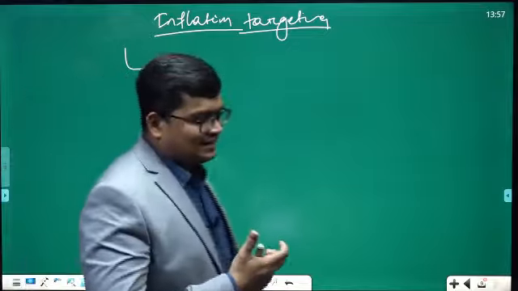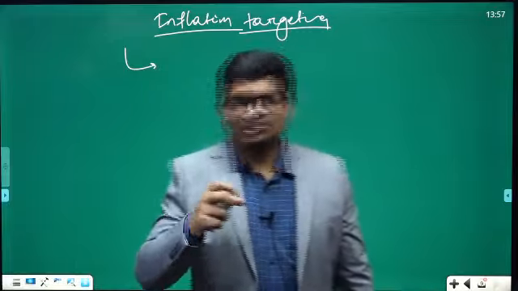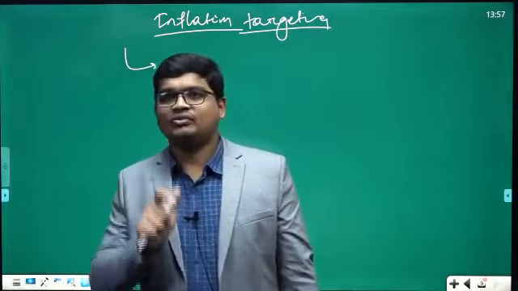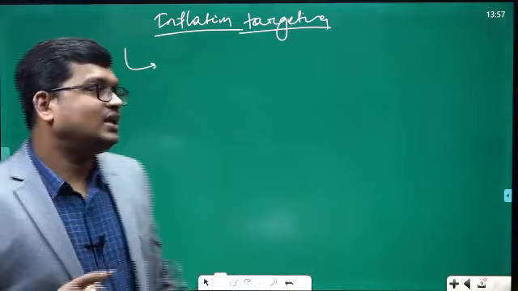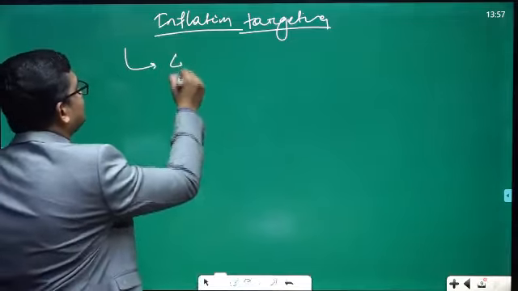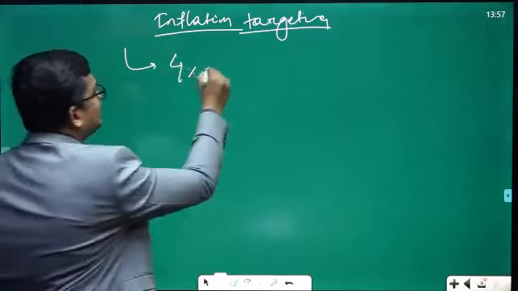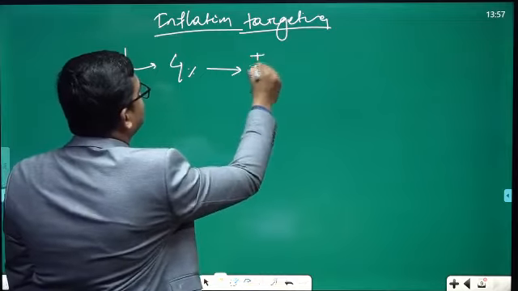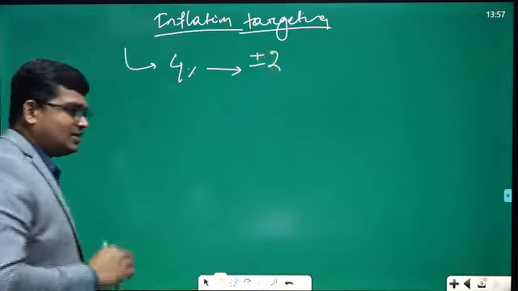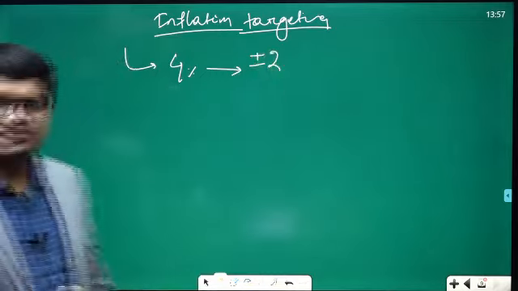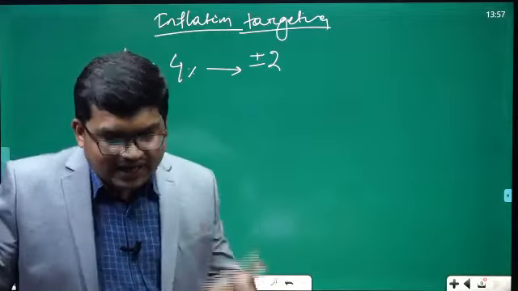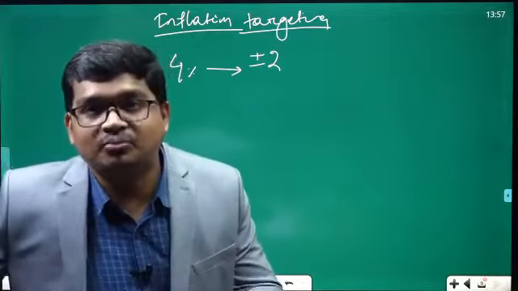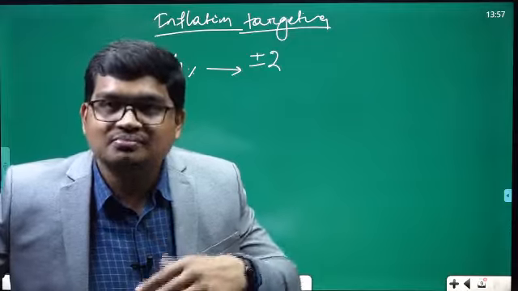They decided the target of inflation shall be 4%, with a range of plus and minus 2. I repeat, they fixed the target of inflation at 4% with plus minus 2.